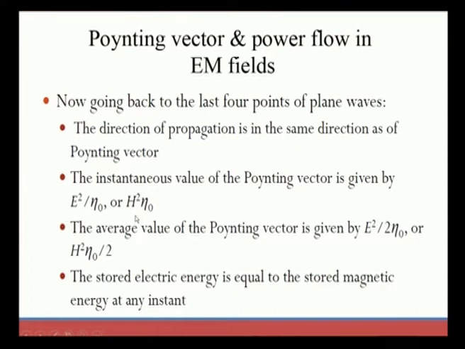These are the instantaneous values we need to consider. The average value is E square divided by 2 eta naught, or H square eta naught divided by 2. This is for the average value of the Poynting vector.